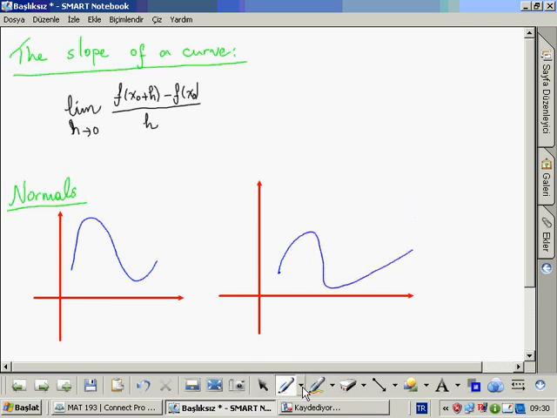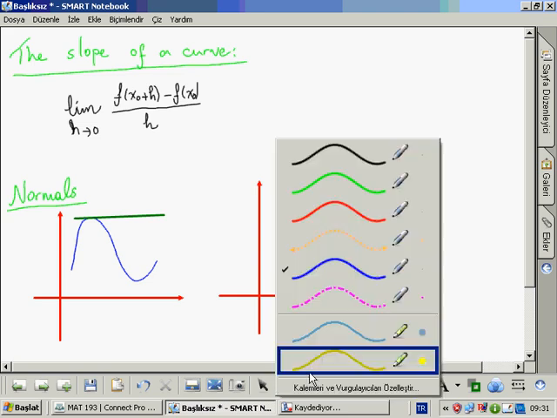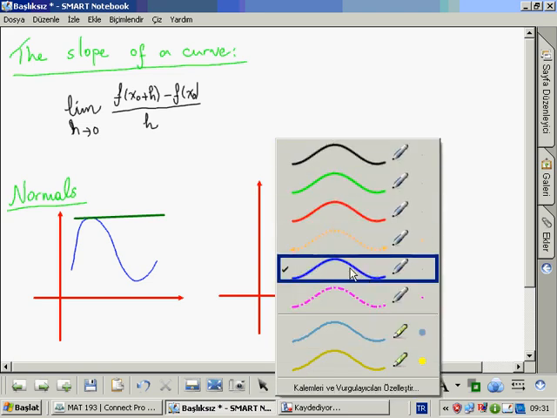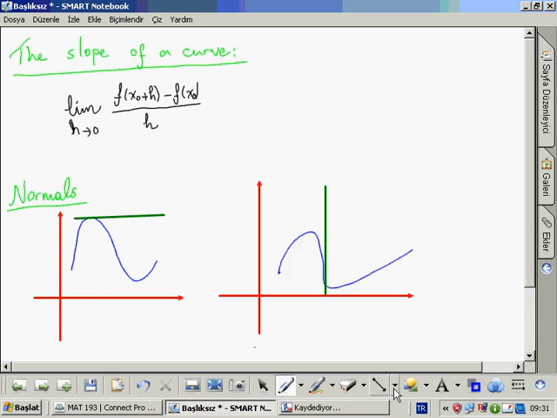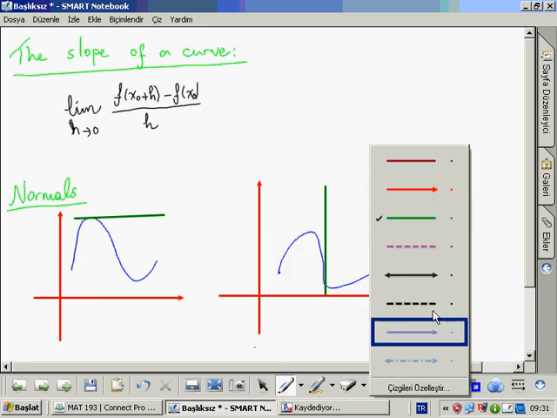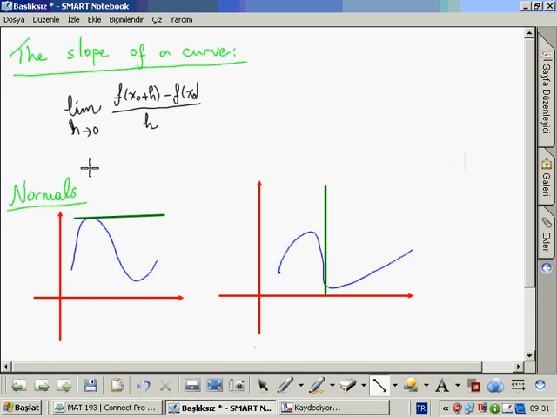These green lines are tangents, and these are the normals.